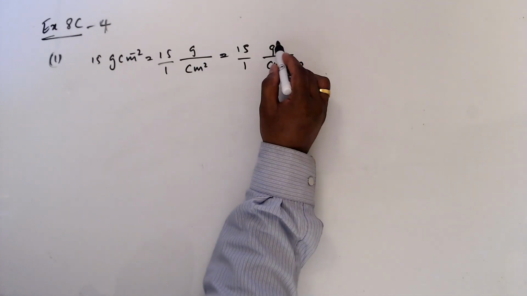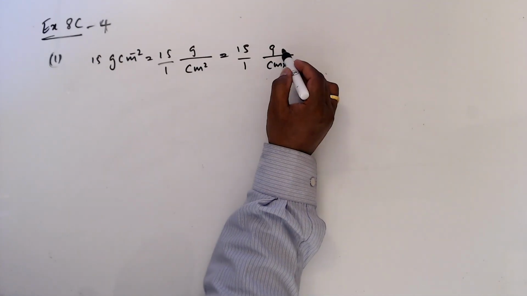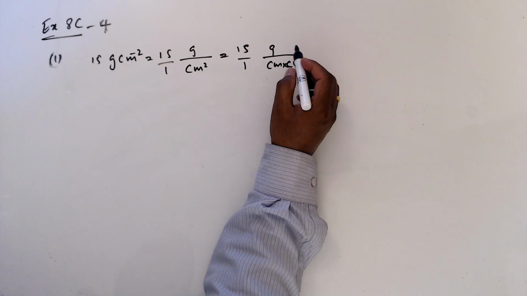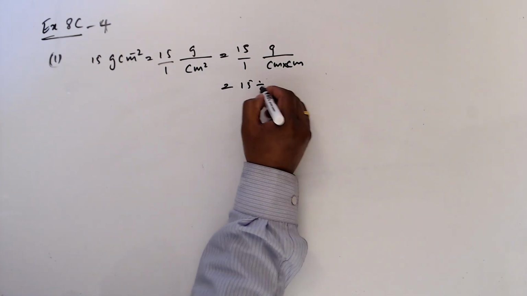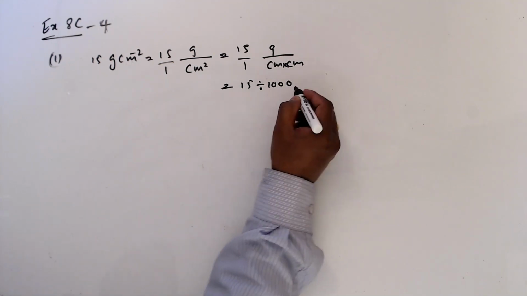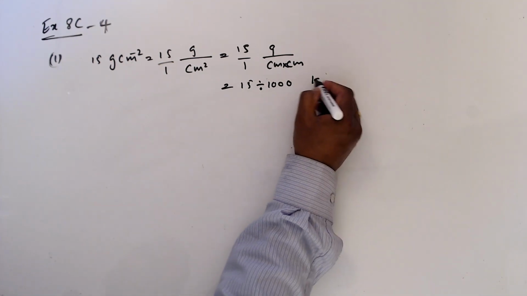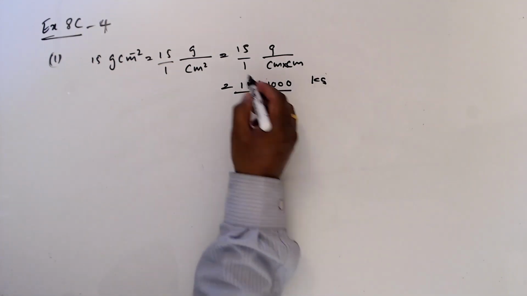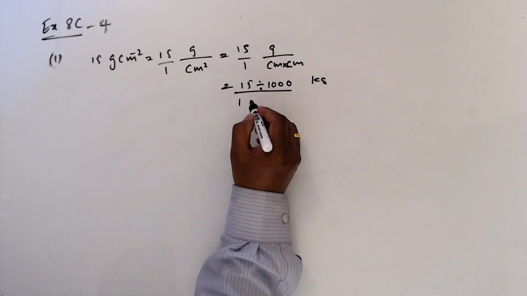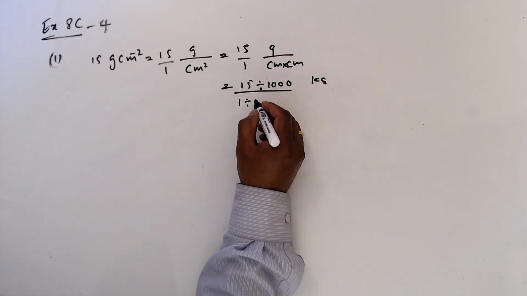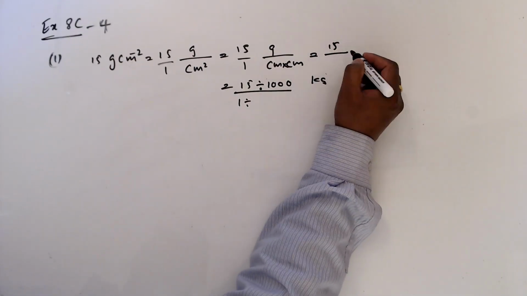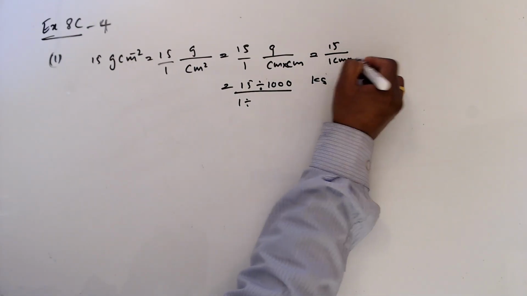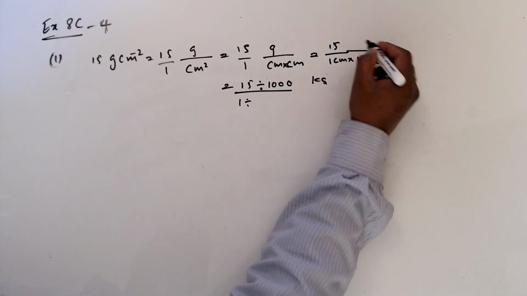Now this gram I need to make into kilogram, so I have to divide it by 1000. So 15 divided by 1000, then it has become kilogram. And now here, I'll make it a bit clearer, 15 over 1 cm times 1 cm.